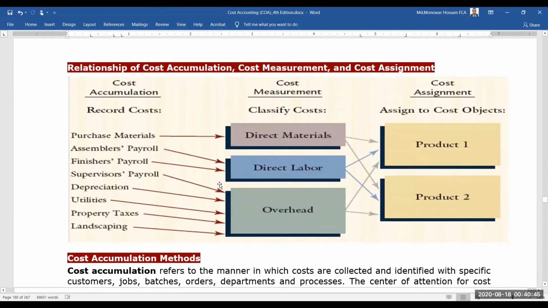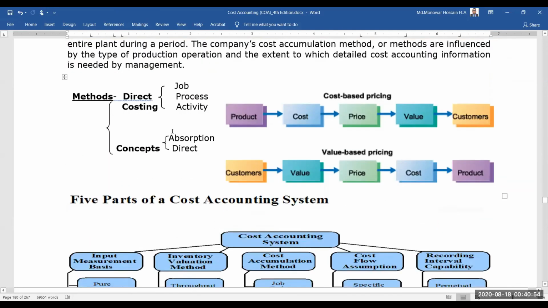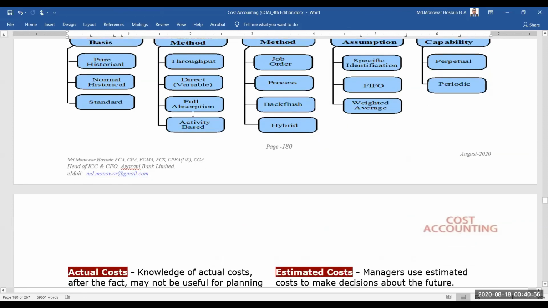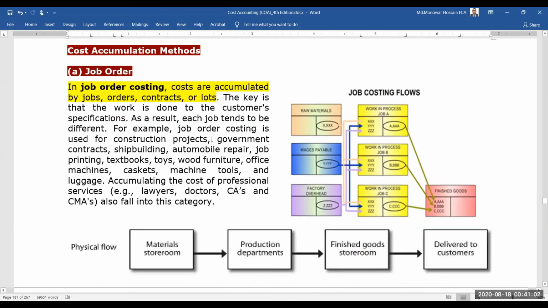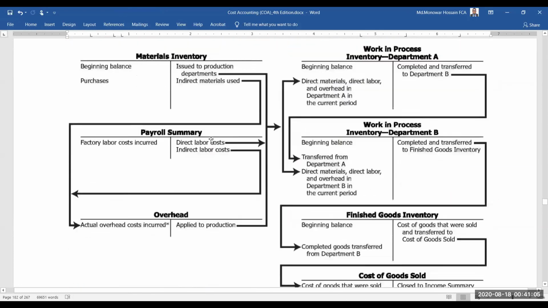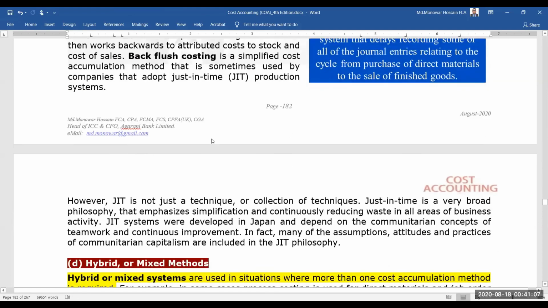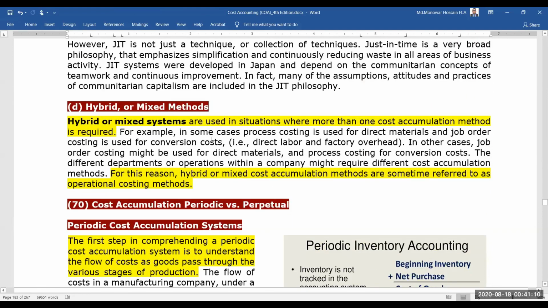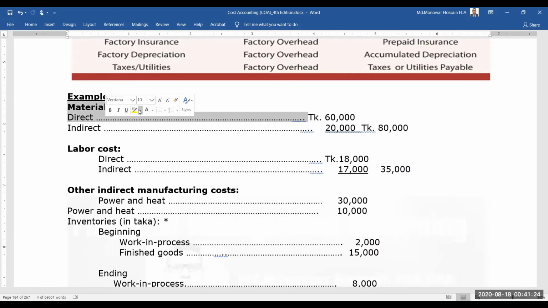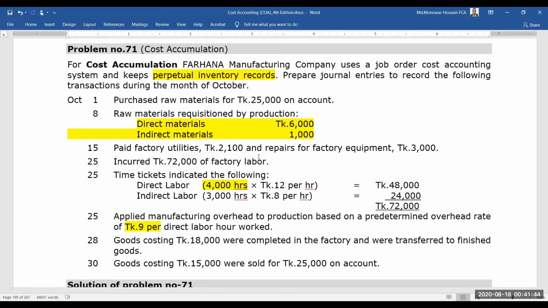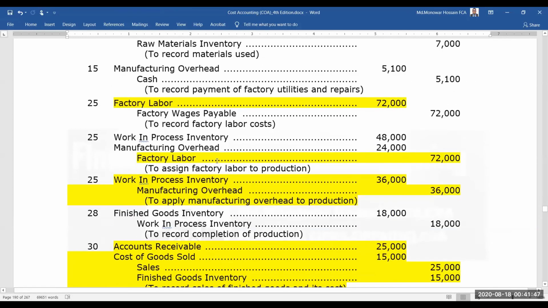Also we have seen the relationship of cost accumulation, cost measurement and cost assignment, the cost accumulation method, and the 5 parts of cost accounting system: actual cost, estimated cost, normal cost, job order costing, process costing, backflush costing, mixed or hybrid costing, and cost accumulation, periodic versus perpetual. We have seen an example here. Solve the cost accumulation problems 1 and 2.